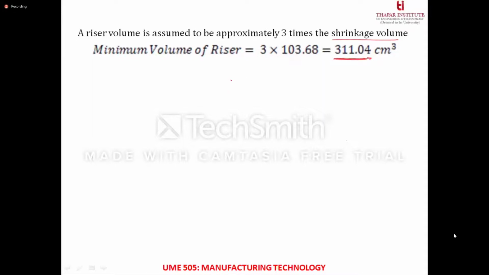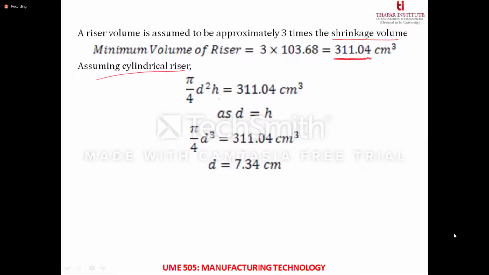Now, if you remember what was the shape of our riser, the shape of our riser was cylindrical. So, assuming a cylindrical riser, what is the volume? Volume is pi by 4 d square h, that is equal to 311.04. Now, if you remember in the question, the diameter of the riser is equal to the height of the riser. So d is equal to h.